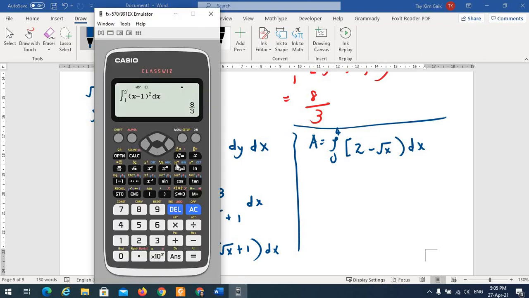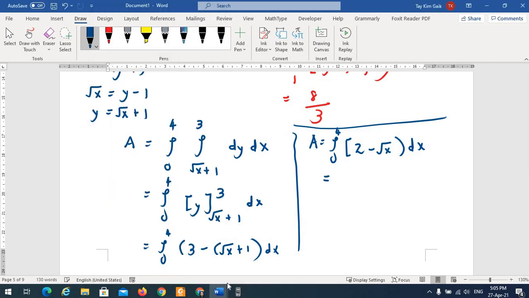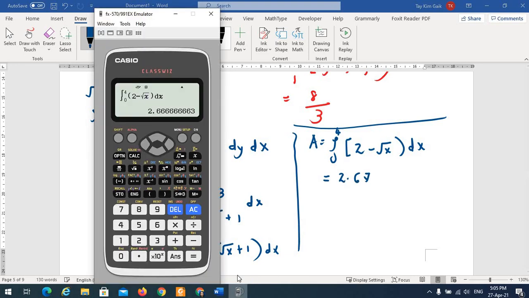To get the answer quickly, I just use the calculator. 2 minus square root of x, 0 to 4. If you keep it as a decimal, 2.67. Sometimes it can give you the fraction nicely, sometimes it gives a floating point.